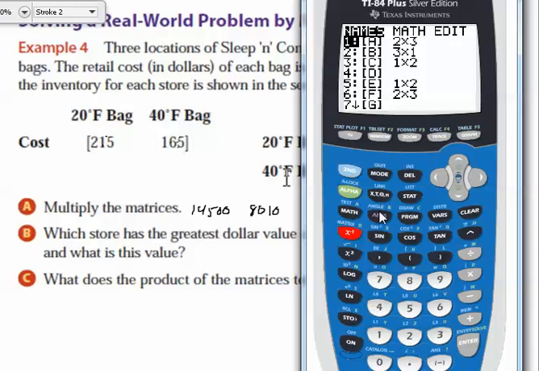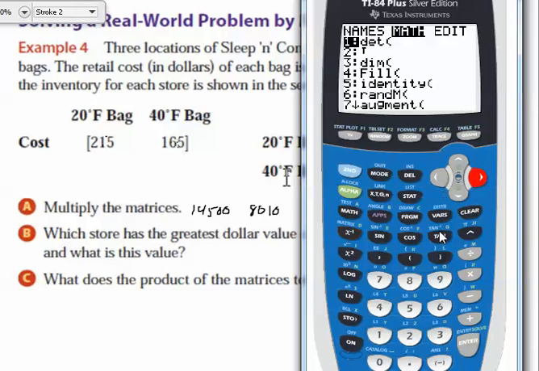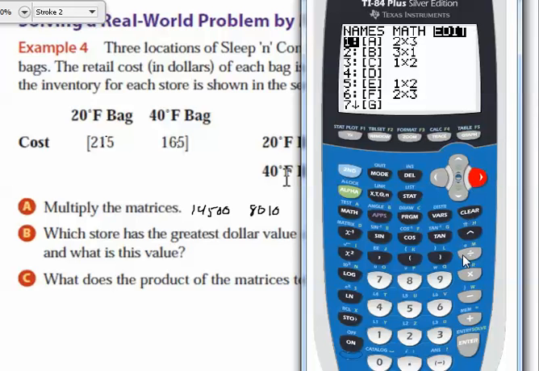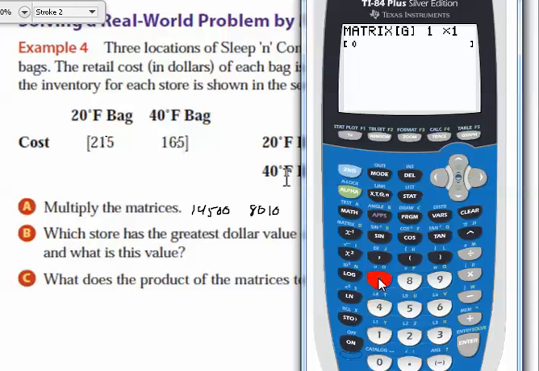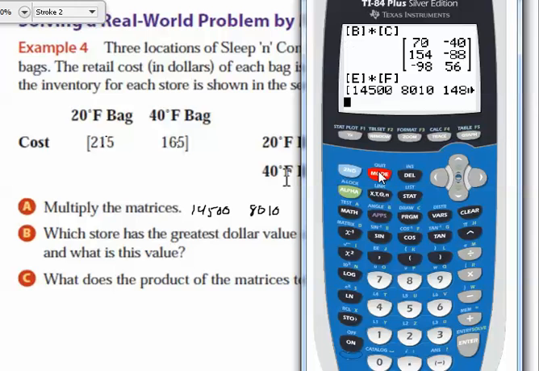Second matrix, math, I'm sorry, edit, G. Okay, it's not cooperating with me.